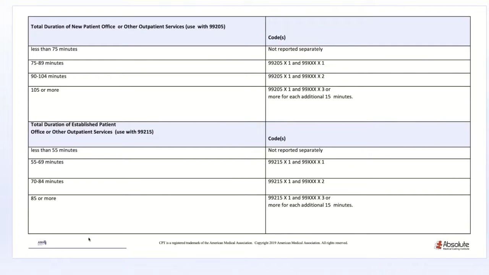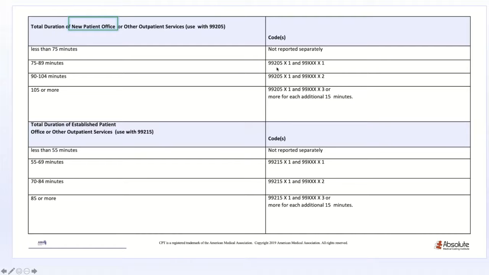It's pretty cut and dry. So above, this is for new patients. Anytime it's less than 75 minutes, you do not use this add-on code 99XXX. All right, so if you look at it, less than 75 minutes, you don't use it. 75 to 89 minutes, you do.